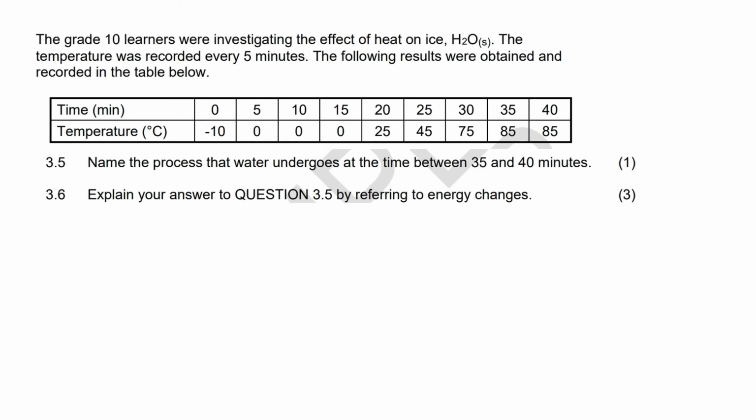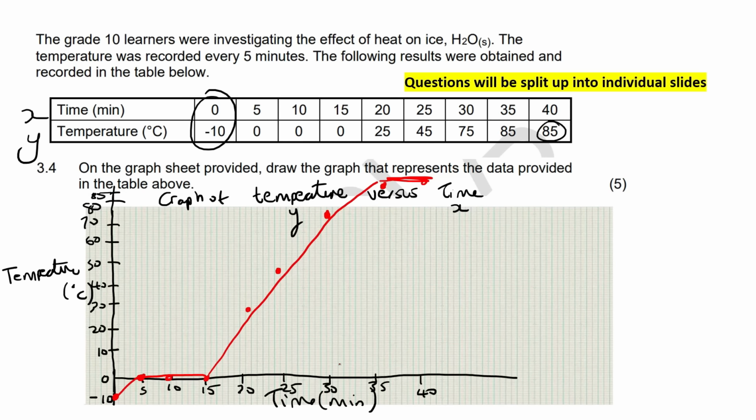Now, name the process that water undergoes at the time between 35 and 40. So let's go back to our graph. Between 35 and 40, we can see that the graph is flat. Why it's not happening at 100 degrees Celsius, I'm not 100% sure, but that can sometimes happen if the water maybe has salt in it, or maybe we are not at sea level.